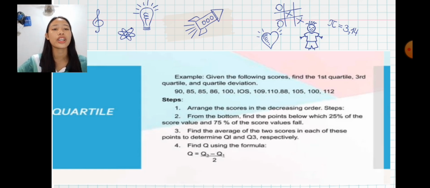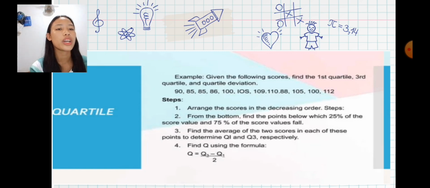There are steps to be followed in finding them. First, arrange the scores in decreasing order, meaning start from the highest number down to the lowest number.